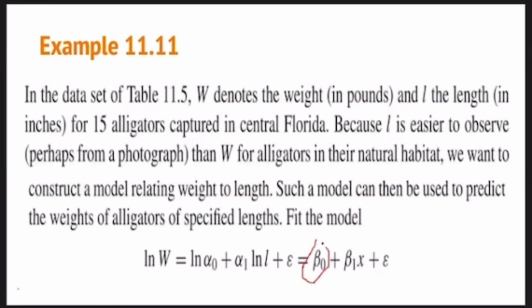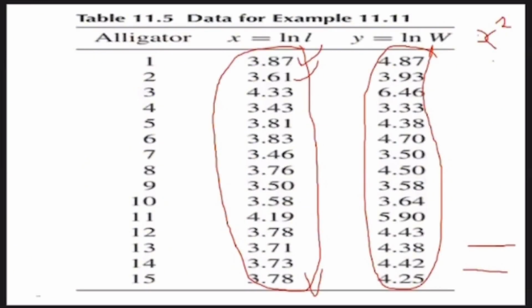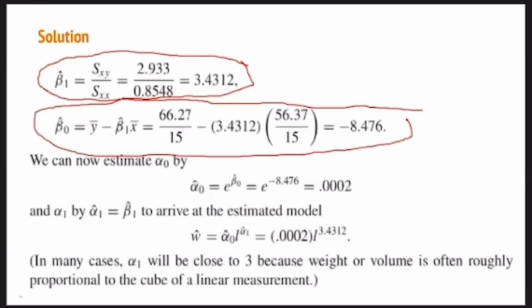Now that I've got my beta naught and beta 1, take a look at this. This guy is the same thing as this guy. I have my beta naught now, and if I want to get alpha naught, I'm going to exponentiate beta naught. And we're told that alpha 1 is the same as beta 1.